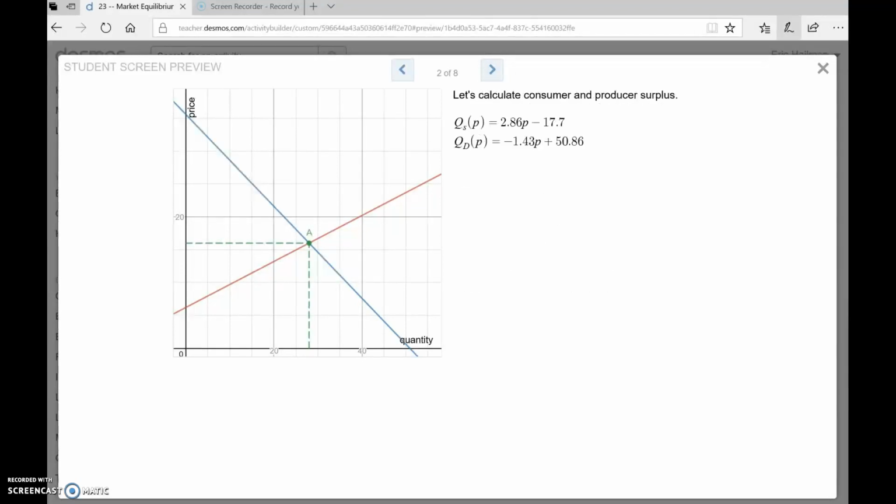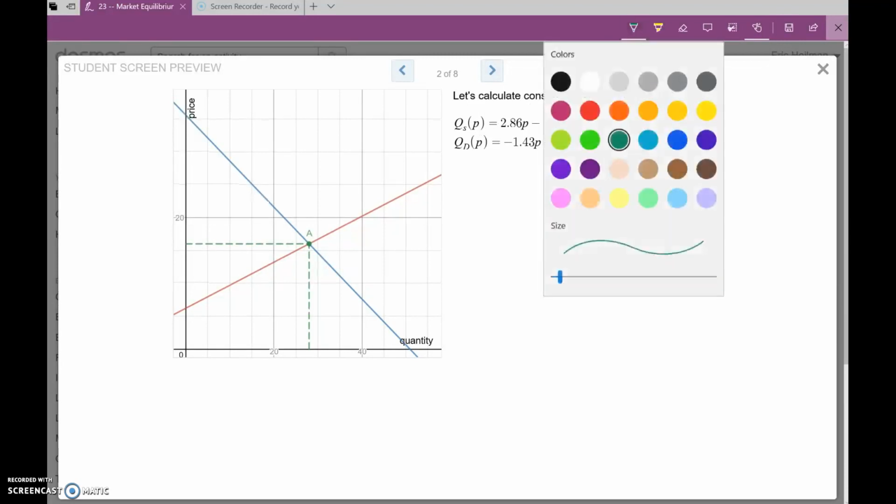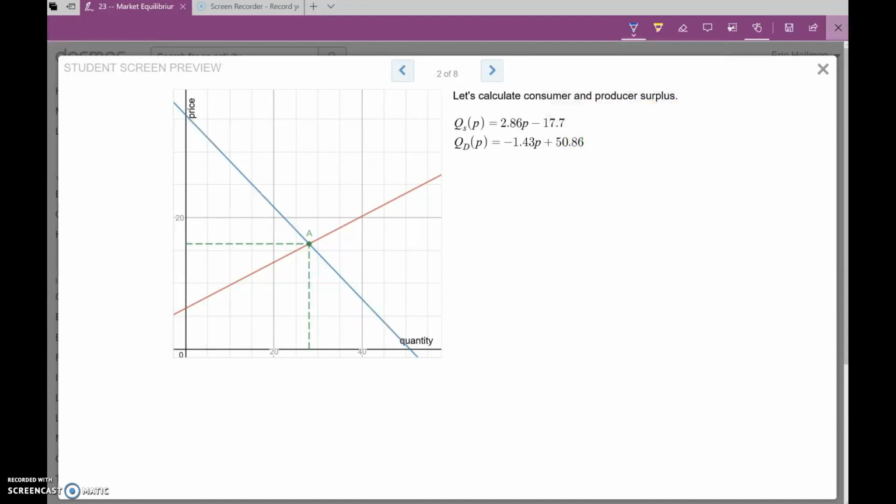Okay. So now let's calculate consumer surplus and producer surplus. If you think back to when we were doing demand, consumer surplus, the value that buyers have, is the area underneath the demand curve but above the price. So consumer surplus is this triangle right here.